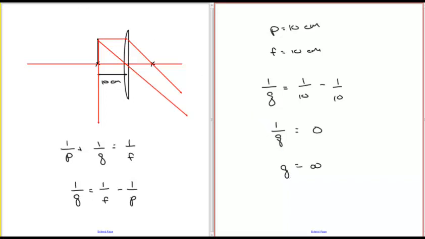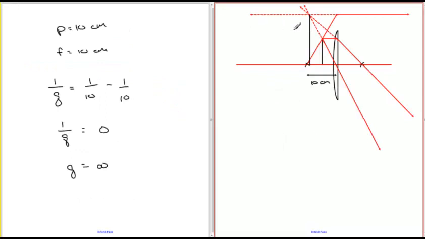Okay, third case is this one. Same equation, 1 over P plus 1 over Q is equal to 1 over F. Again, solve for 1 over Q. It's 1 over F minus 1 over P. So F is 10 centimeters, and P is 5 centimeters.